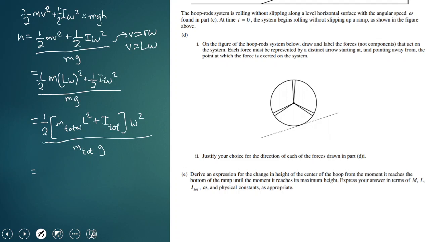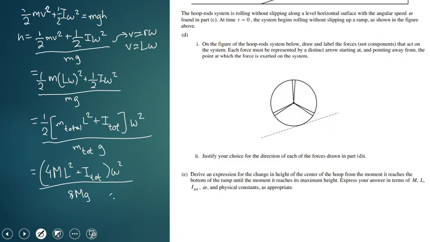So my m total is 4m, so we have 4m L squared plus I total, this is all times omega squared, over 4m times g, and then I'm going to bring this 1/2 down, so it becomes 8mg. And so I believe that is the simplest answer that we can give, unless you were to split the fractions, but I think they want everything to be together.